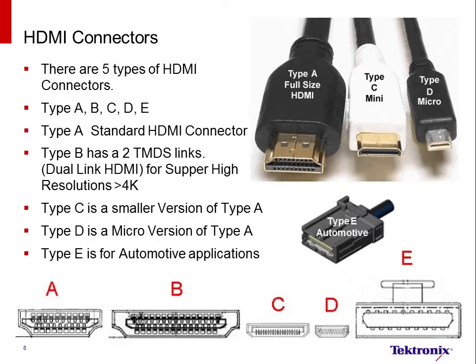Type C is just a smaller version of Type A. Type D is the micro version found on many cell phones and tablets. Type E is a new connector for automotive applications or any application that may require the connector to be held in and snapped into place. It has a retention clip on it, much like an RJ connector has.